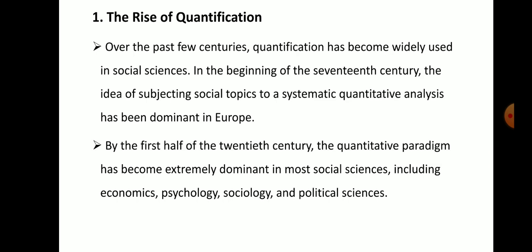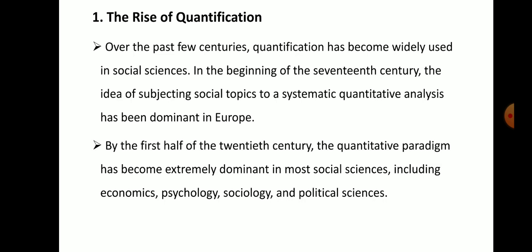So over the past few centuries, quantification has become widely used in social sciences. In the beginning of the 20th century, the idea of subjecting social topics to a systematic quantitative analysis has been dominant in Europe. By the first half of the 20th century, the quantitative paradigm has become extremely dominant in most social sciences, including economics, psychology, sociology, and political sciences.